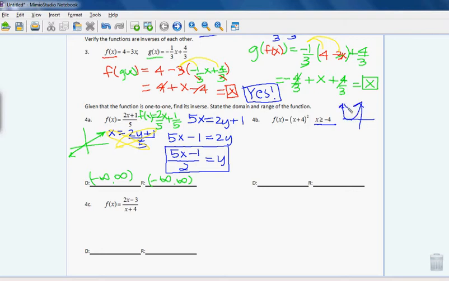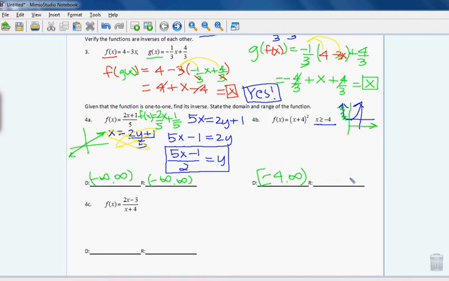Where the domain would usually be negative infinity to infinity, but the restriction here is saying that at -4, I'm only going to be taking from here over. I want to be greater than or equal to -4, so I'm kind of getting rid of all that. So this, though, is telling you right away what your domain is. So the domain of this given function is going to be -4 to infinity.